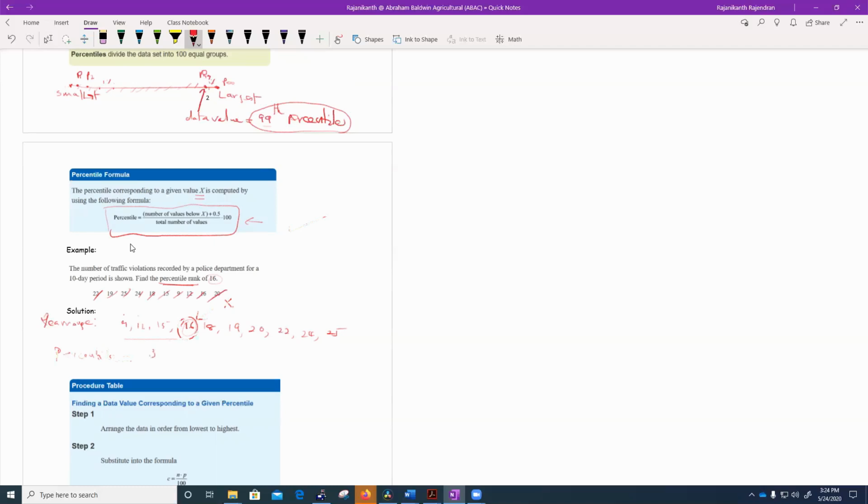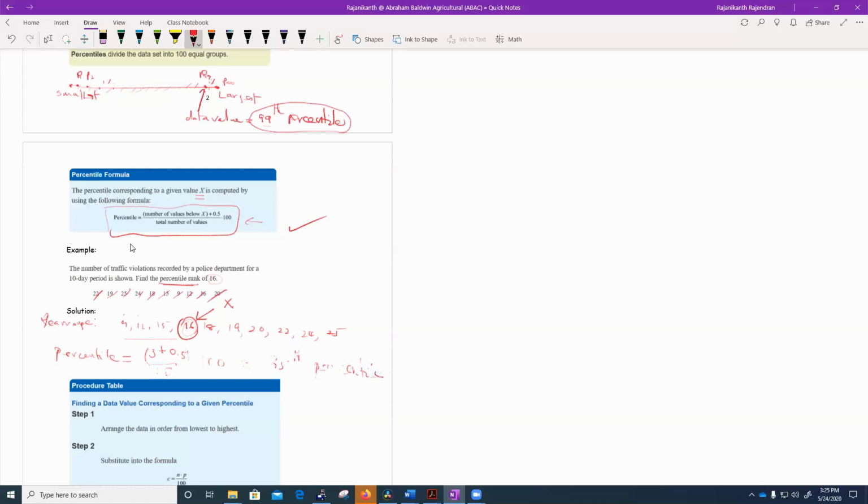Then you need to always add 0.5 to your answer. Then divide by the number of total data values. Remember, I had 10 of them. So I'm putting 10 here times 100. That's it. So take your calculator and simplify. Here you will get 35. That means the 35th percentile is going to be your percentile rank.